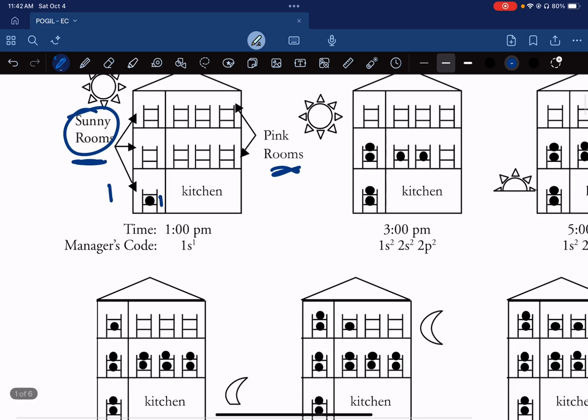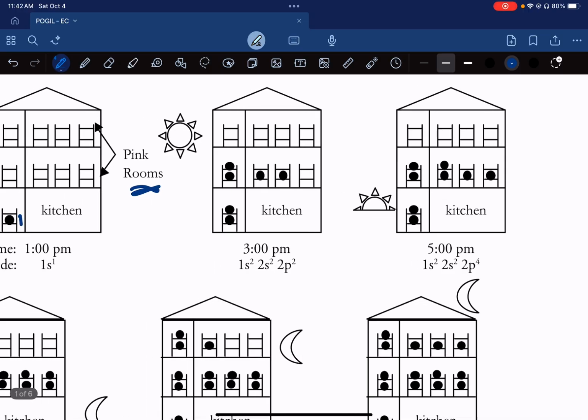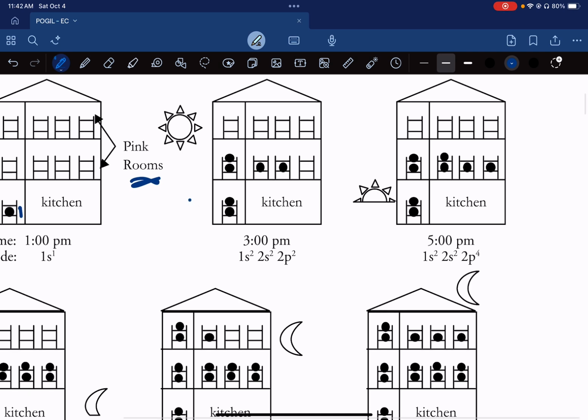Then as time goes on, the manager is accepting more boarders into the boarding house, and so his code is changing. He now has two boarders on floor one in the sunny rooms. Then on floor two, on the sunny side, he has two boarders. And on floor two, on the pink side, he also has two boarders. So now we have this manager's code.